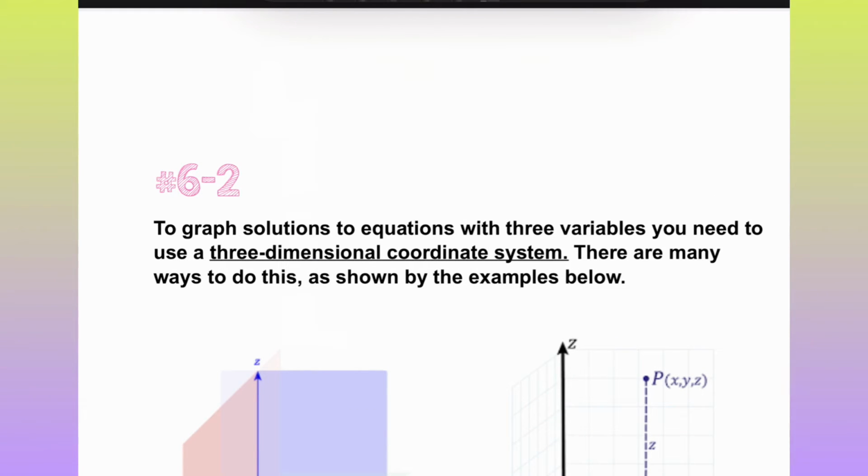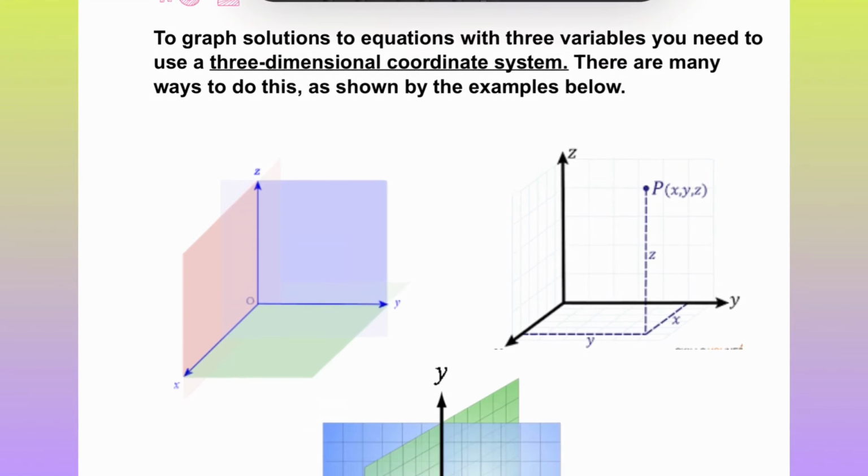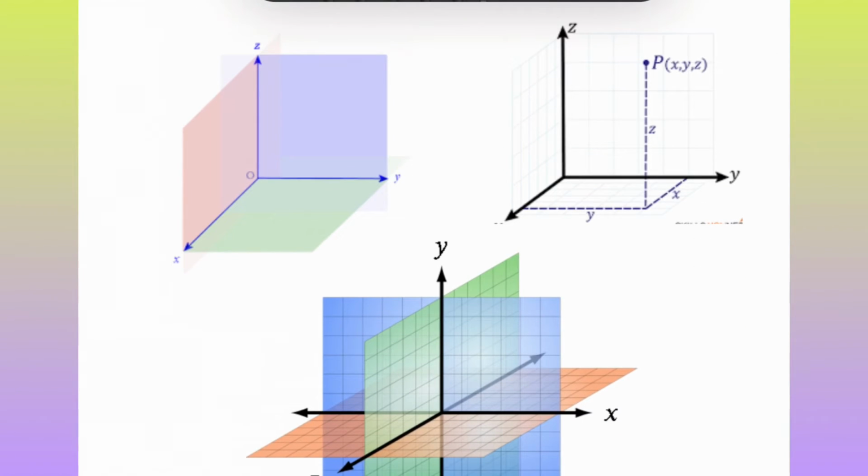So to graph solutions to equations with 3 variables, you need to use a 3-dimensional coordinate system. There are many ways to do this, and I'm going to show you a few examples here.